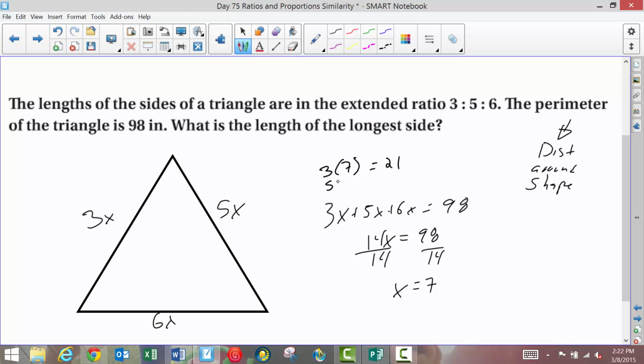I have 5 times 7, 35. And I have 6 times 7, which is 42. And you should notice that 42 plus 21 plus 35 all equals 98. So I found my side lengths using extended ratios and setting them into an algebraic equation.